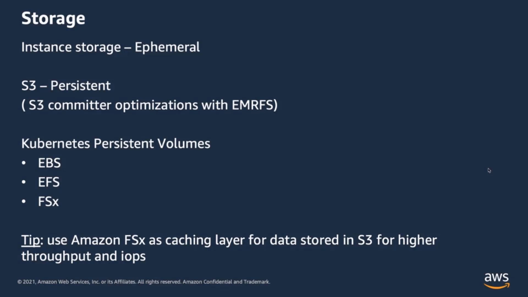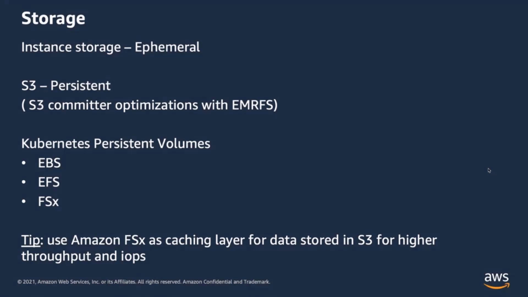The scope of this storage is ephemeral, and it corresponds to the life cycle of the pod. So when the pod completes, whatever data you had in the storage on the EKS worker node is lost. This is good for a few use cases, like when you want to store your shuffle data or spill your cache data to disk.